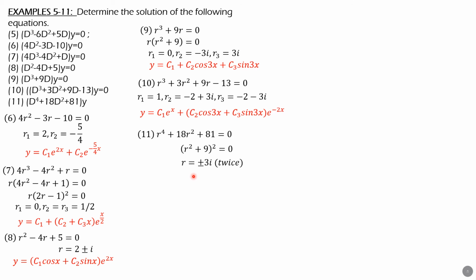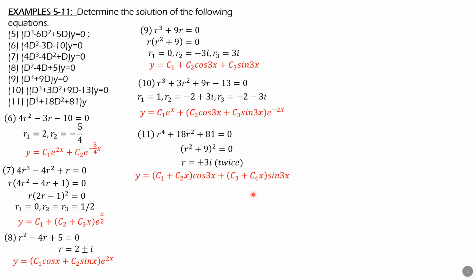So therefore, the expected equation would be y equals quantity c sub 1 plus c sub 2x cosine of 3x plus quantity c sub 3 plus c sub 4x sine of 3x. That's the expected answer.